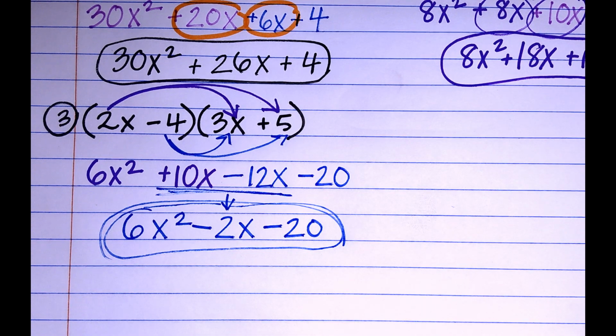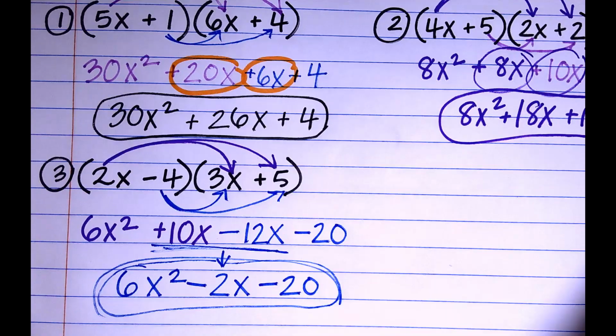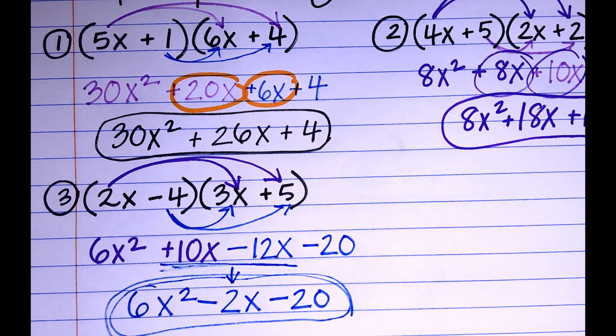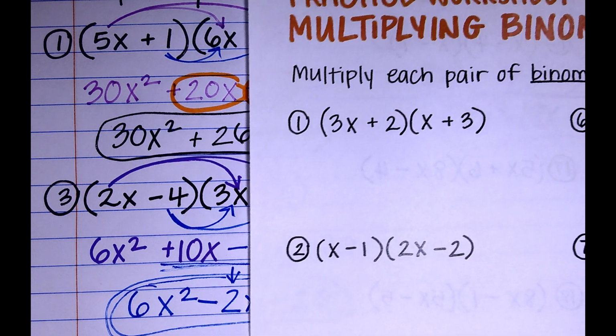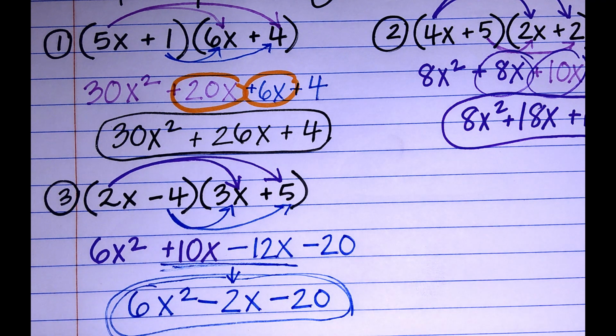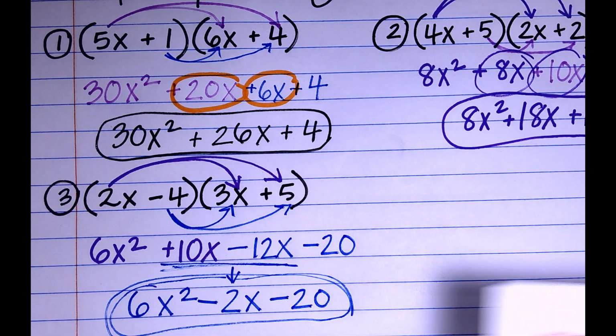So here is what we are going to do. There's this FOIL method to doing it. And what I would like you guys to do now is look at this worksheet that I passed out, okay? There are 20 different problems that I came up with for you.